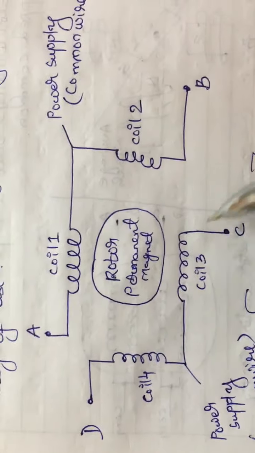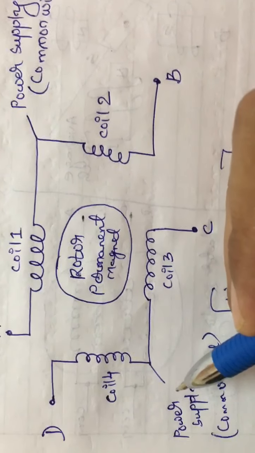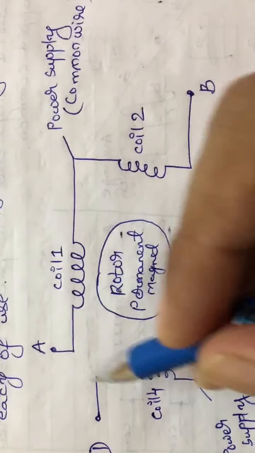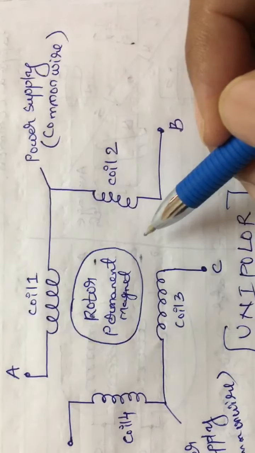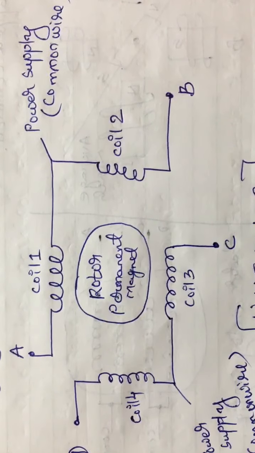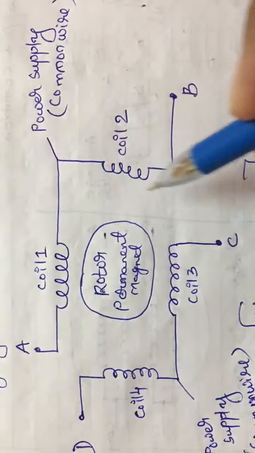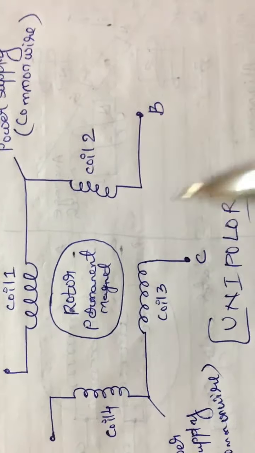Similarly the D coil is connected to the C coil, and one more common wire. So this type of winding, this type of arrangement, is called a unipolar stepper motor. If this is the case inside the motor, then that motor is called a unipolar stepper motor.